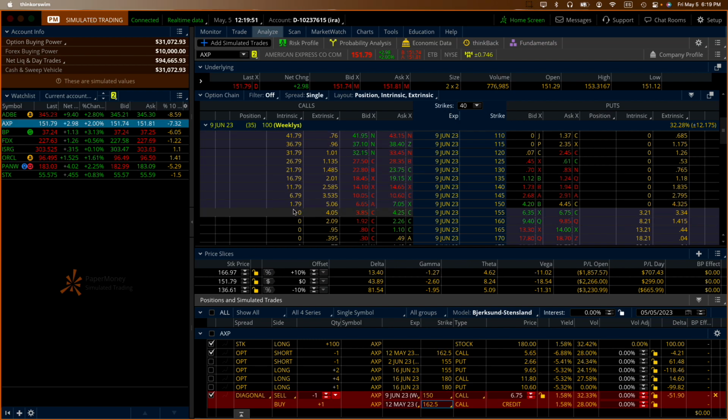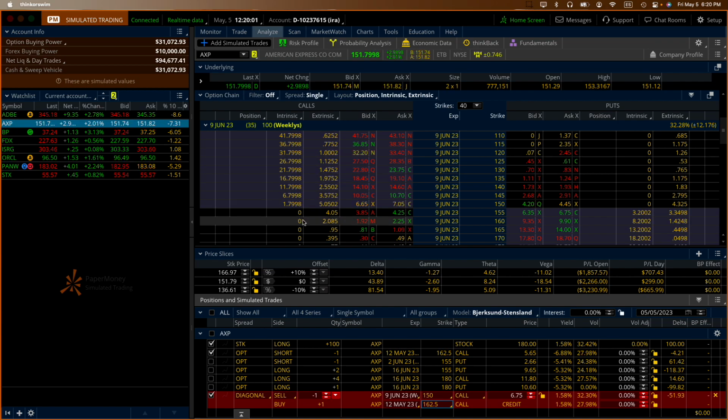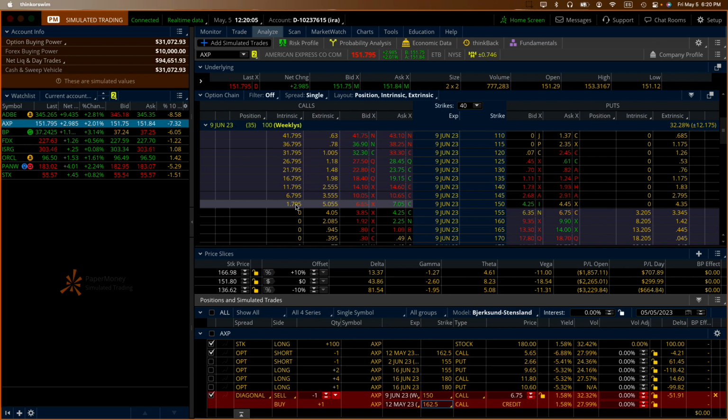That's the difference between the strike price, 150, and the stock price, 151.79. So 1.79 is the intrinsic value that you are not going to get back because it's built in your stock that you own.